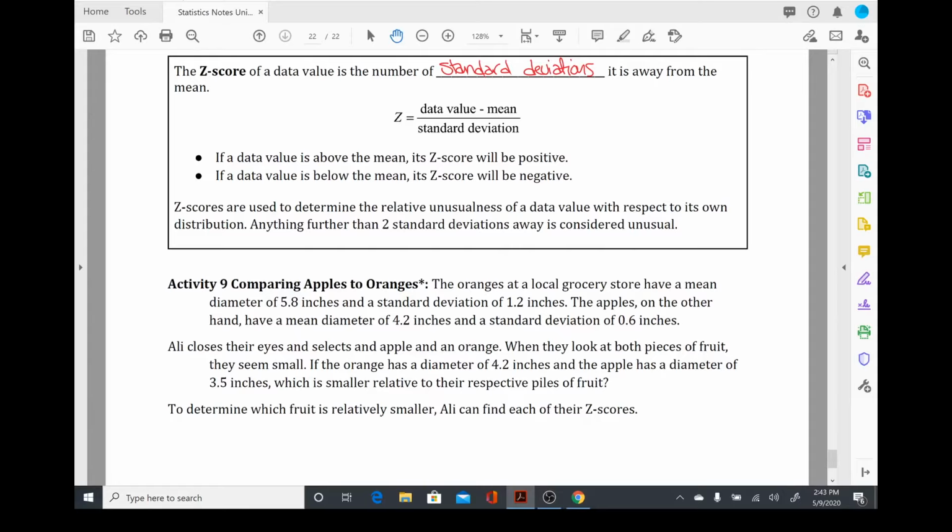If you end up with a negative number, it means that it's smaller than the mean, and if you end up with a positive number, it would be larger than the mean or above. Z-scores are used to determine the relative unusualness or weirdness of a data value with respect to its own distribution. Anything further than 2 standard deviations away is considered unusual.